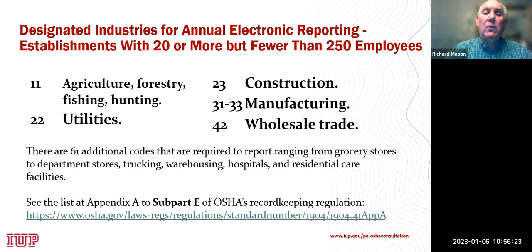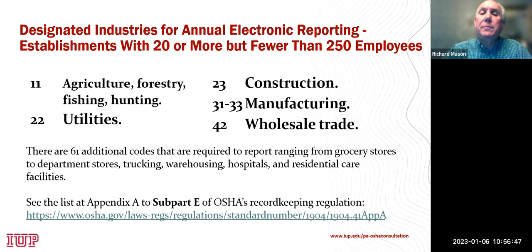If you're not in one of those codes or one of 61 additional codes, then you don't have to report unless you have 250 or more employees. At any time you're over 250 employees and you're not totally exempted from recording, you have to do the electronic reporting. Okay, there are 61 additional codes that are required to report.